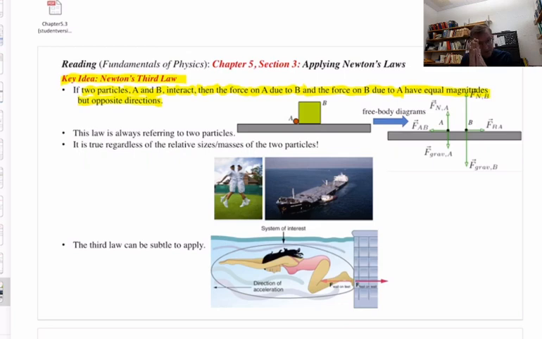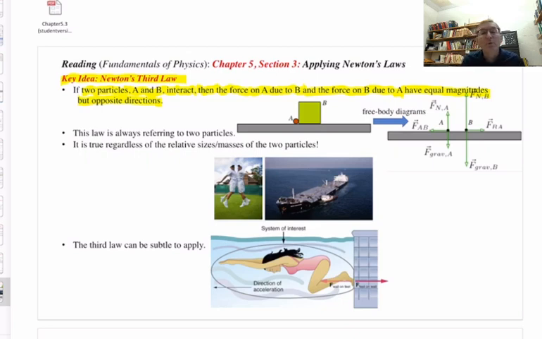Some of their atoms are coming together. We'll call that an interaction. So that there's going to be a force on one due to the other. There'll be a force on the marble, A, due to its contact with the cube, B, and there'll be a force on the cube, B, due to its contact with the marble, A.